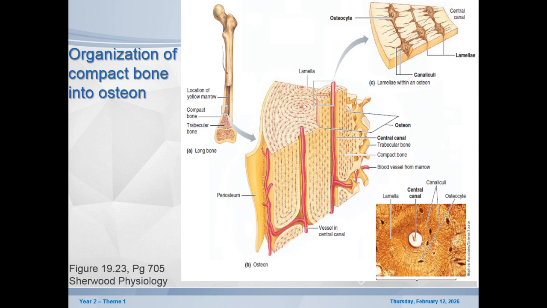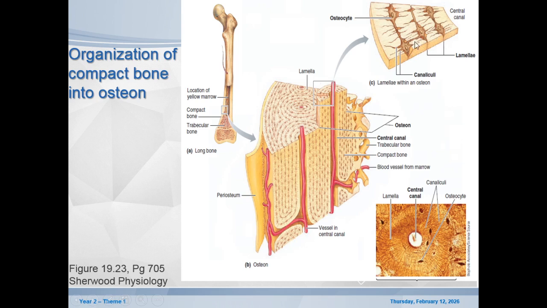What is present in the center of the osteon? The central canal. And what is surrounding the central canal? Concentric layers of lamellae, and within these lamellae are cells, osteocytes and osteoblasts.